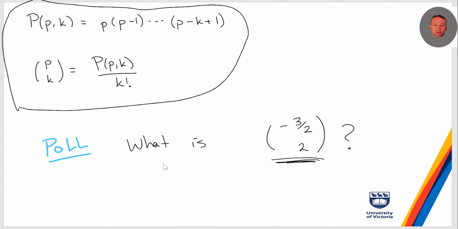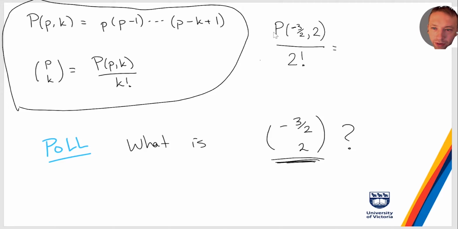So the first thing to try to compute is p(negative 3/2, 2), and then you want to divide that by 2 factorial. So negative 3/2 choose 2 is equal to this, just by the formula on the left side. 2 factorial is just 2, that's easy.